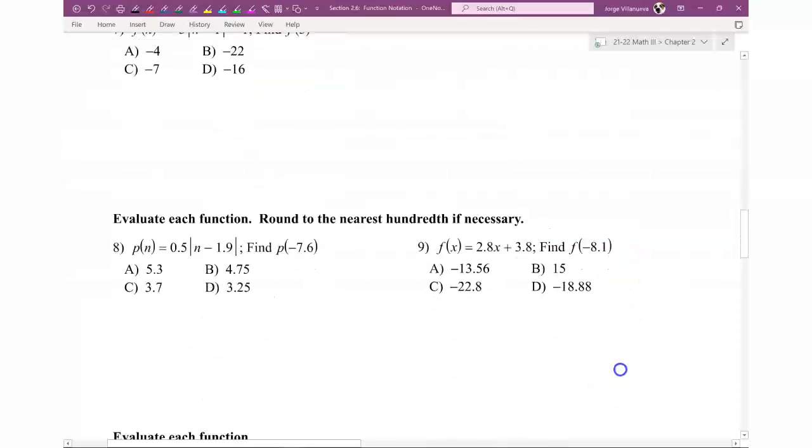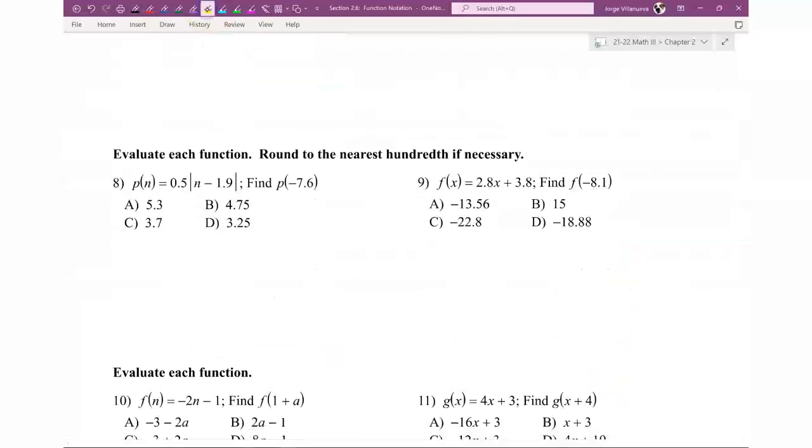Now, these right here, I don't do any of them with you guys because I don't have a calculator in front of me. It's going to take me too long to just start typing it in. But it's the same thing as the other ones. The only difference is that the numbers you're plugging in are not whole numbers or integers. They're actual decimal values, right? Like 8.3, 6.7. So those are a little bit tougher to do.